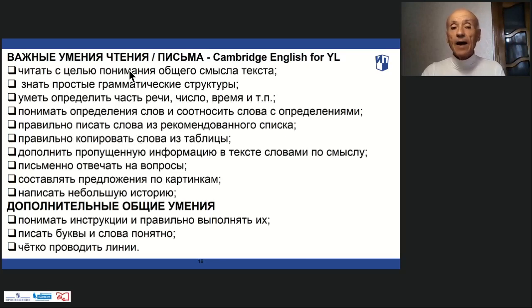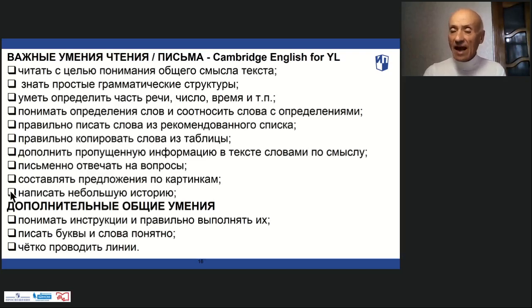Reading and comprehension of the general text message, the knowledge of simple grammar structures, the knowledge of parts of speech, number, grammar, tense, the ability to understand definition of words, the ability to write words from the recommended list, the ability to copy words from the table, the ability to fill in the missing information in the text, to answer questions in writing, to make up sentences based on pictures, and to write short stories.